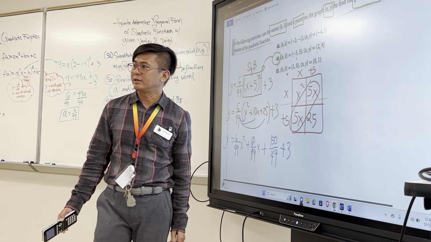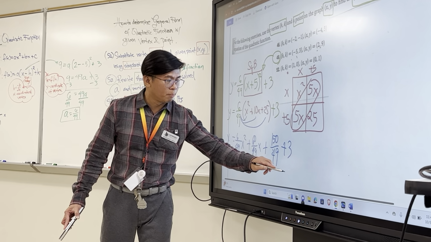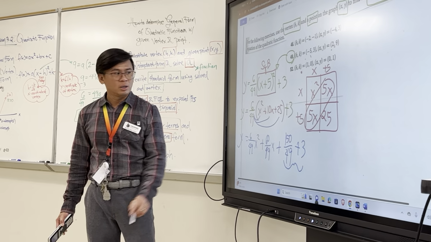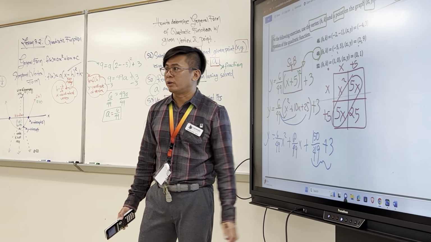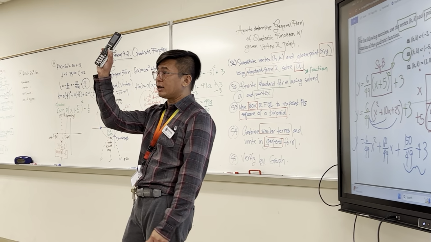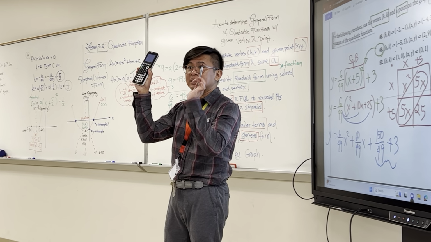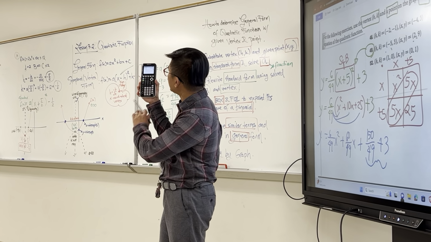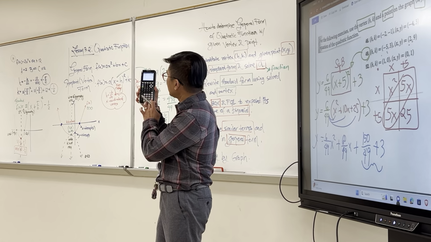Now, this is what we mean by combining similar terms. Since these two are constant terms, you combine them, again using a calculator or Desmos, expressing it as a fraction. So what's that going to be? Plus 3.